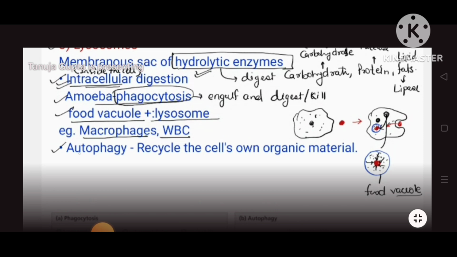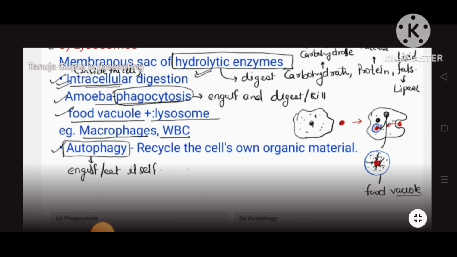Now one more term is given over here which is called autophagy. It means what? Engulf, or you can say eat itself. That is called autophagy. Now what does it mean exactly?